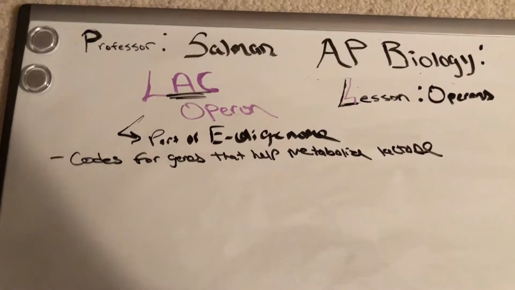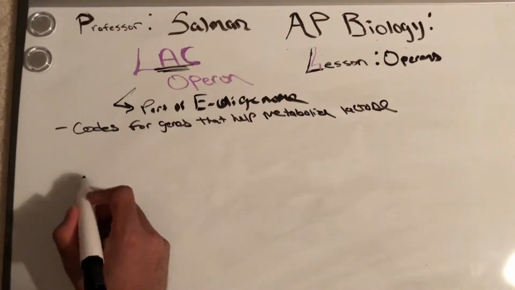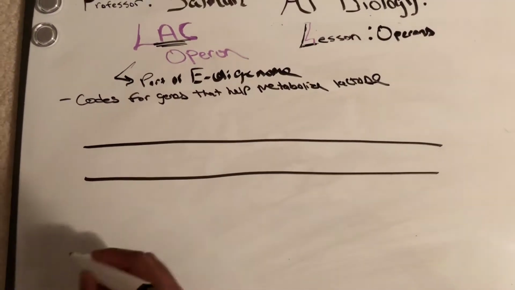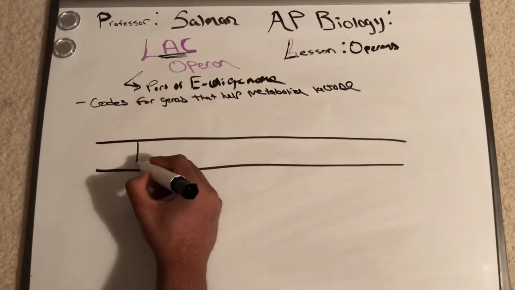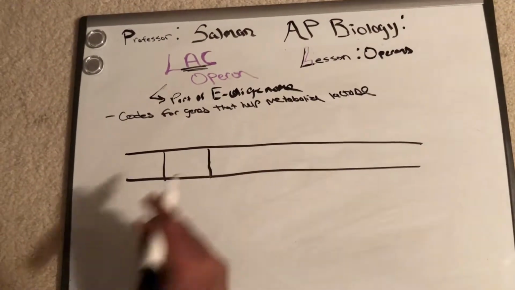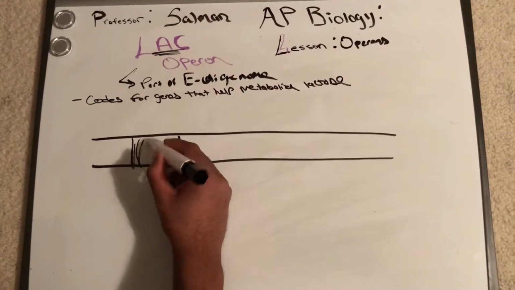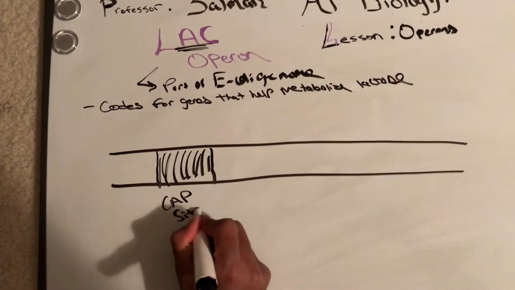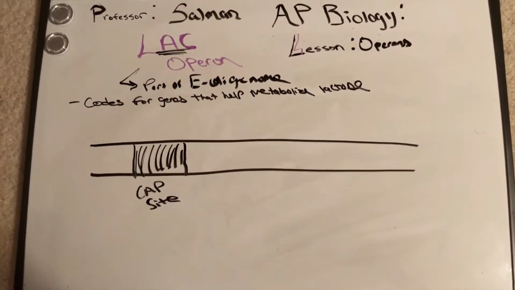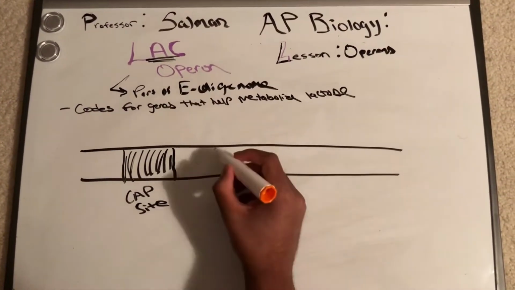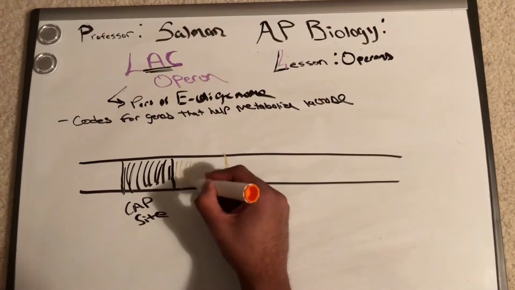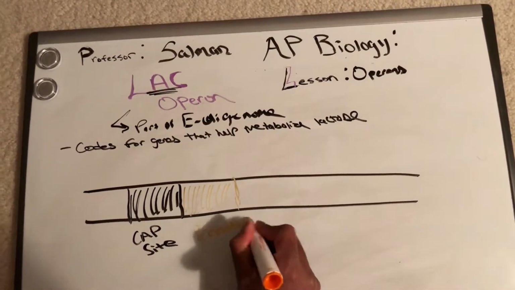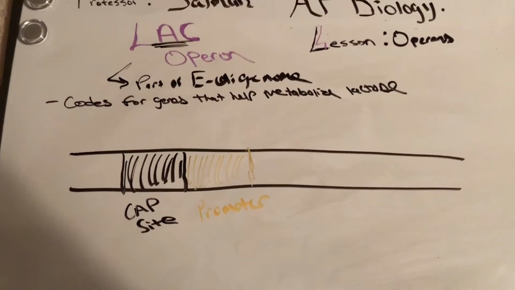And basically what this operon looks like is, you have, again, this and this. For emphasis, I'm going to use different colors here to really reinforce the concept. Right here you have your CAP site. And then over here you have a promoter.